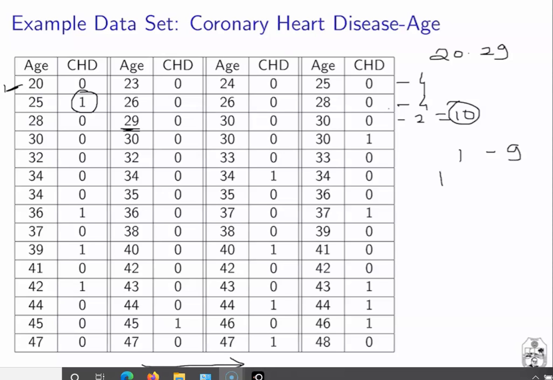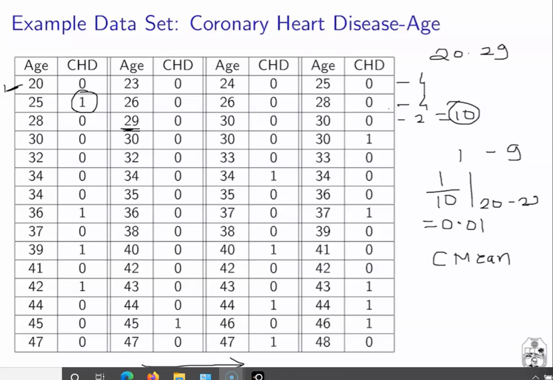And if we divide 1 by 10, then we get the probability of the number of persons suffering from CHD in a particular group, which we are calling 20 to 29, and this value comes to around 0.1, and this value is called the conditional mean or C mean, or sometimes the expected value, or only probability. So again, I am explaining it in this way.